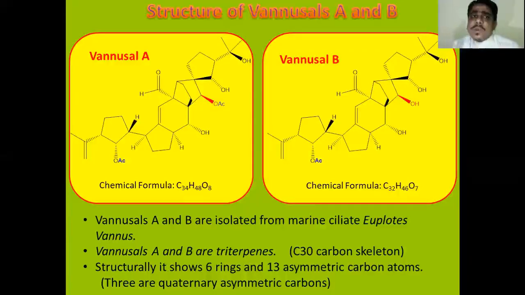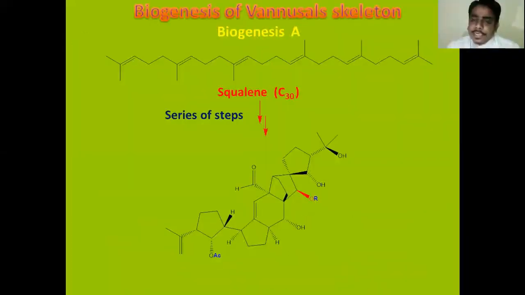So because of this, Vannusal A and B are triterpenes. Structurally, Vannusal A and B show 6 rings and 13 asymmetric carbon atoms, out of which 3 are quaternary asymmetric carbon atoms. Now the biogenesis of the Vannusal skeleton.